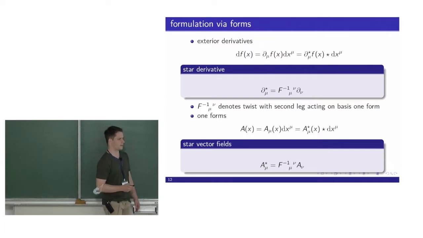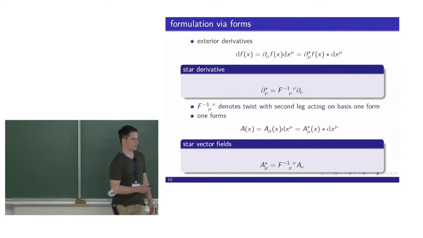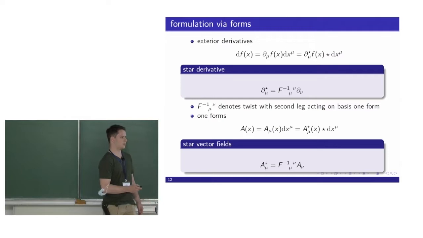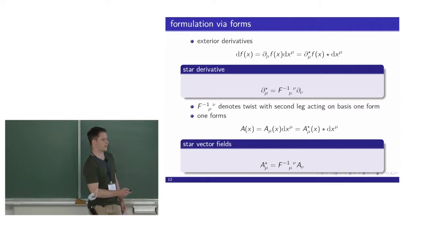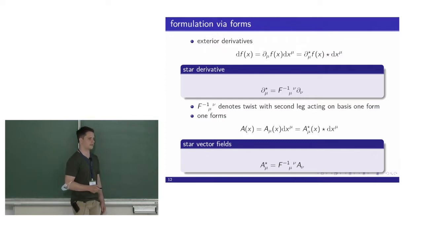For general 1 forms, we can do the same. They are just defined in a given basis with these component fields, but without a star product here. So we just define these star component fields in such a way that this is the basis 1 form in a given basis of basis 1 forms. And then again, we can relate those component fields with each other. Again, this twist with these two vector indices appears, which we are already familiar with from the star derivatives.